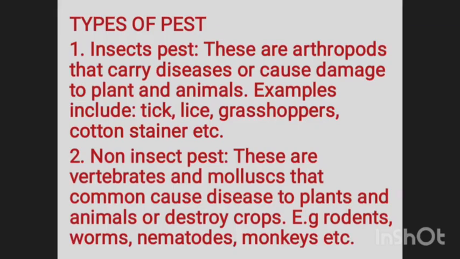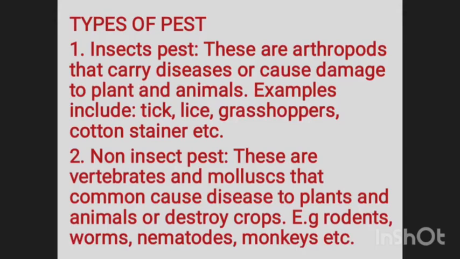Let's look at types of pests. Pests can be grouped into insect pests and non-insect pests. The insect pests include the arthropods. Arthropods are a group of phyla that are invertebrates, insects that have jointed appendages.